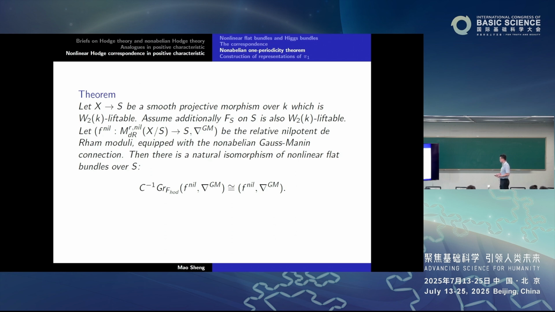So you see the de Rham moduli space or Higgs moduli space is not proper over your base. Here we only consider the smooth locus. This parameterizes irreducible connections on the de Rham side, or stable bundles on the Higgs side. So this is non-compact.